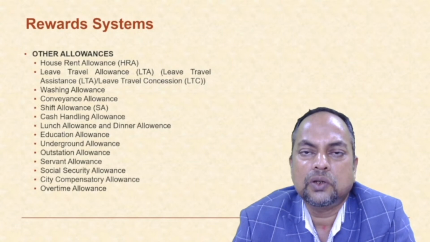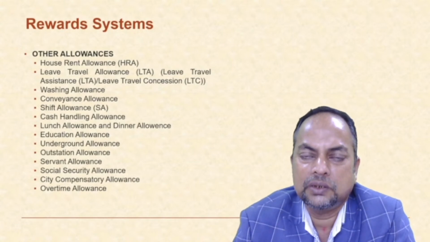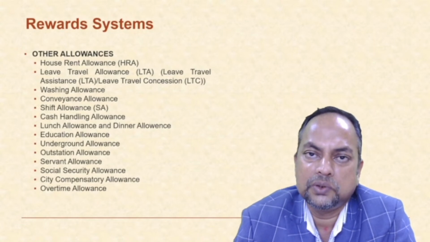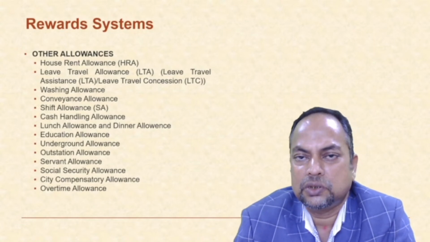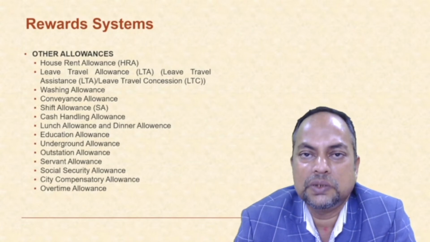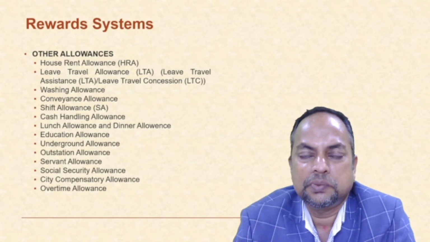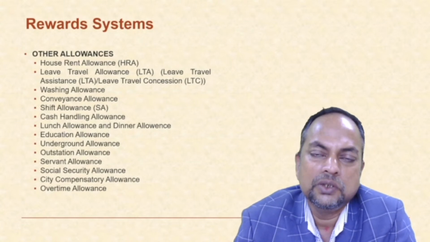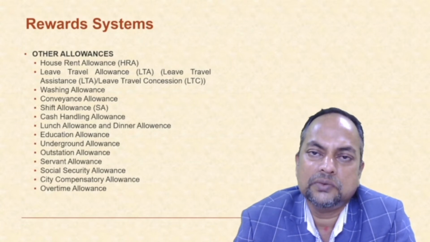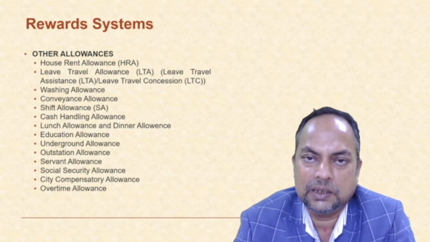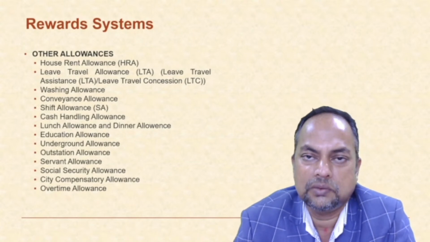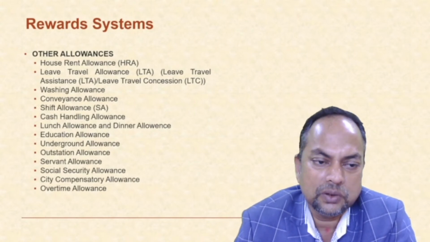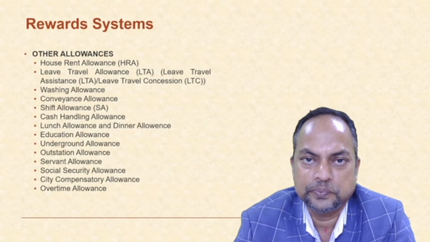But when we talk of underground mines, where the employees need to travel 200, 300, 400 feet below ground level, the conditions of work will not be that comfortable. Temperature will be high, humidity will be there, lighting will be very less, all those things. So when these workers work in that kind of unpleasant or sometimes hazardous work environment, they should be compensated with certain additional payment, which we call underground allowance.